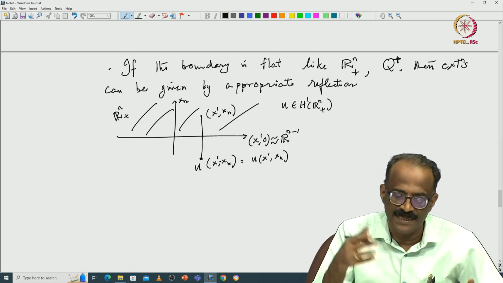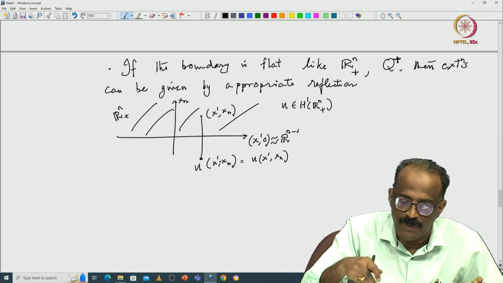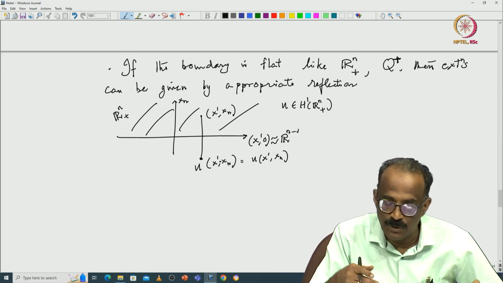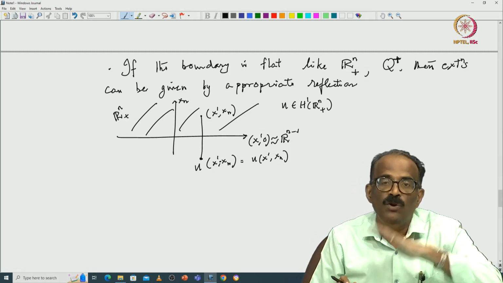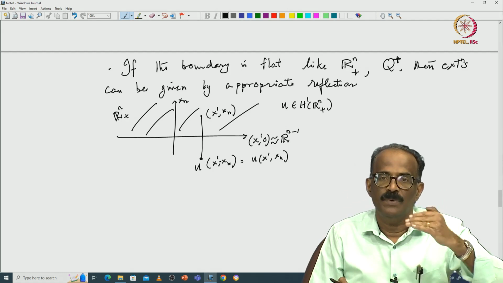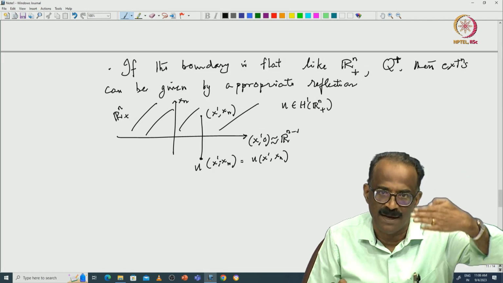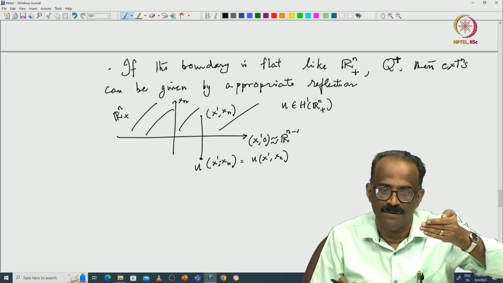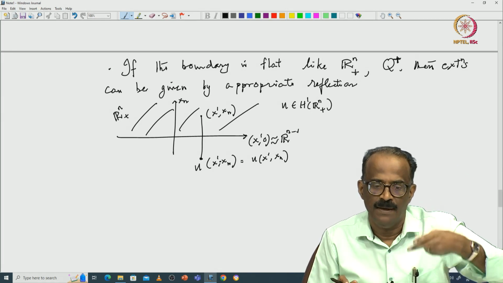Sometimes in certain cases you may have to take other signs, but you can do this to get an extension, and this kind of reflection will not change the H1 norm, because the H1 norm of the bottom half will be the same as the upper half, and so the total H1 norm will be twice the norm of the upper half.